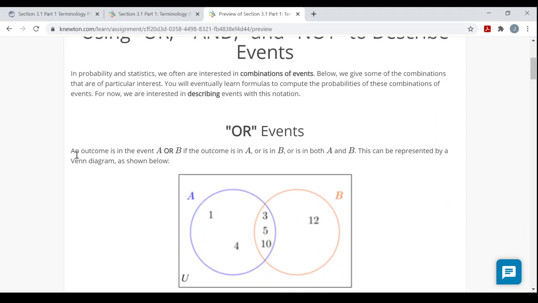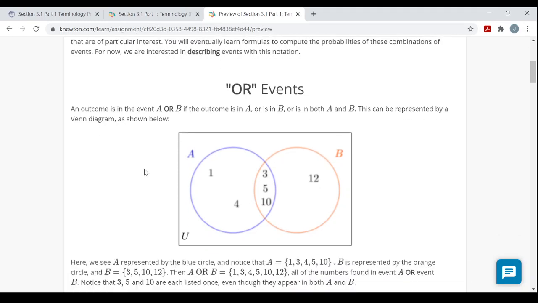So an outcome is in the event A or B if the outcome is in A, or the outcome is in B, or it is in both A and B. This can be represented by a Venn diagram as shown below. Now, a Venn diagram is just a picture. This big box represents everything.